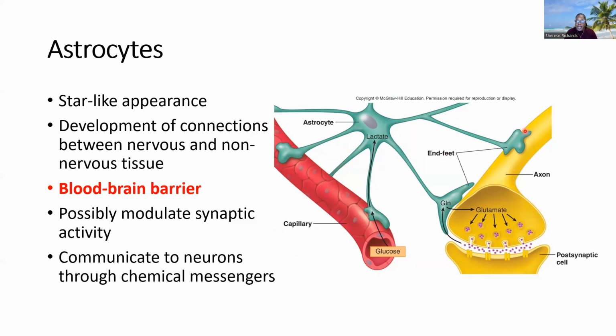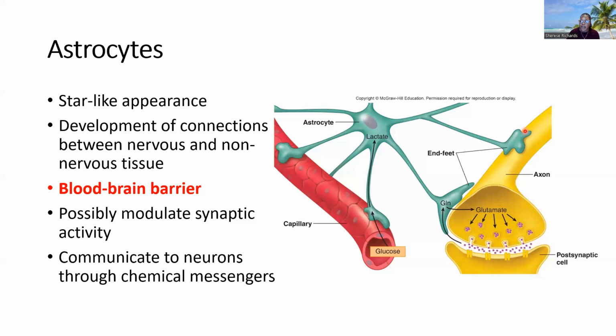So the astrocytes act like a checkpoint, right? A security checkpoint or a gatekeeper, if you will. They pretty much stand in between these two structures and monitor any exchange, so that any pathogen, any bacteria, any byproduct or metabolic byproducts from medications, some of those things that are harmful or toxic to neurons.